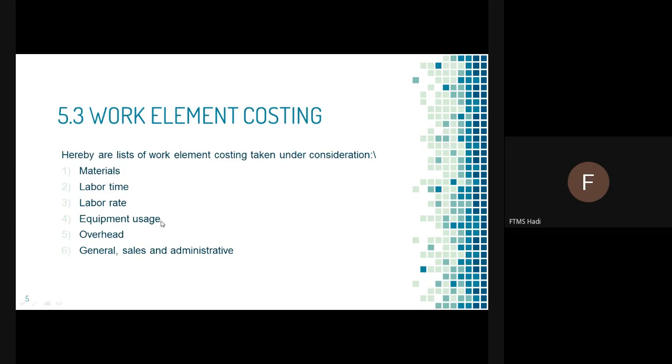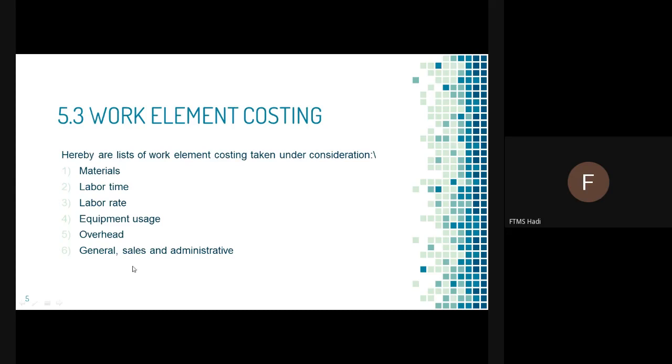Equipment usage, that means machines and equipment used to implement the project, as far as construction or building is concerned. And then overhead, that means cost related to so-called very important project persons.